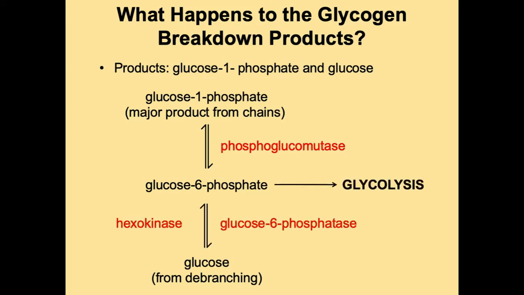Glucose 6-phosphate can then move into glycolysis, which we will discuss later in this series of lectures, or it can be converted to glucose by the action of glucose 6-phosphatase, and glucose itself can then be fed into glycolysis by the action of hexokinase. Hexokinase is an enzyme that you will have covered a little already in the enzyme lectures, but we will cover it in more detail in part 3 of this lecture series.